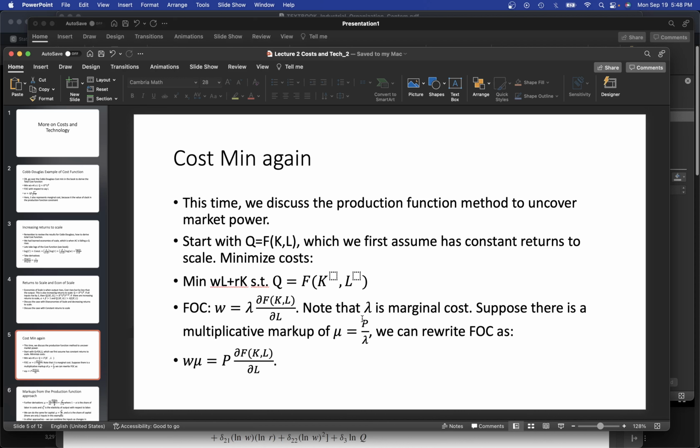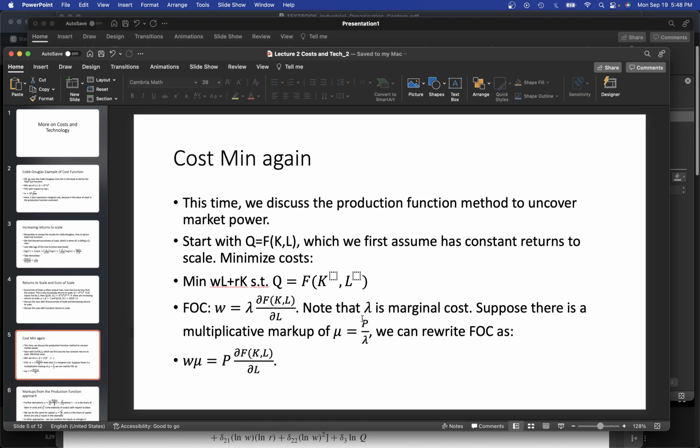And this one, epsilon LQ, is the elasticity of output with respect to labor. These are the two components of the right-hand side.